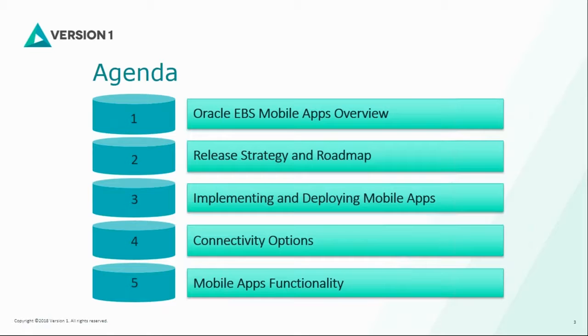We look at what's involved in implementation and deployment. Next, we'll cover connectivity and security. And finally, we'll have an overview of some specific mobile apps and the functionality they provide. So we have quite a bit to cover in the 30 minutes, and we won't have time for Q&A, unfortunately, but I'll give you an email address at the end should you have any queries.